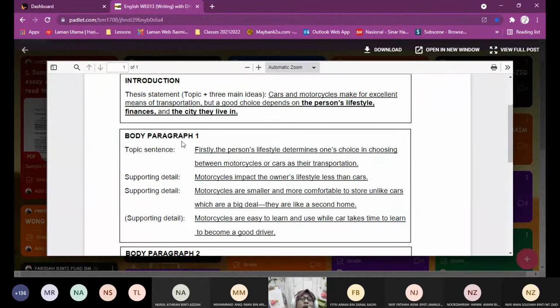Okay, the introduction. So this one I go straight to the point, to the thesis statement, the last sentence in the introduction paragraph. Of course you will start your introduction paragraph with an interesting introduction first. You don't start with the thesis statement right away. Don't start by telling me the thesis statement in the first sentence of that paragraph. You must have some warm up sentences.